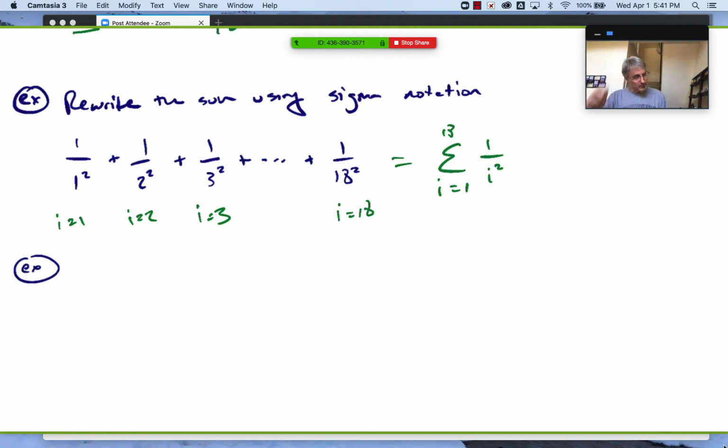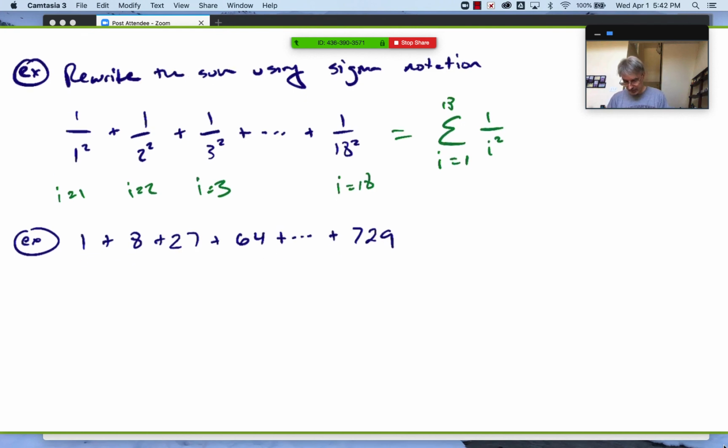Same idea, maybe a little bit harder. Let's say I go 1 plus 8 plus 27 plus 64 plus ... all the way up to 729. It's a little bit of problem solving that you have to do in this instance, in that I'm recognizing that 1 is 1, 8 is 2 to the third, 27 is 3 to the third, 64 is 4 to the third, and so it looks like these are a bunch of cubes because 1 to the third is 1.